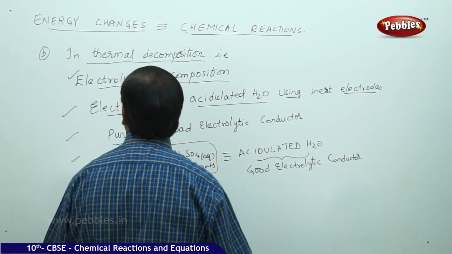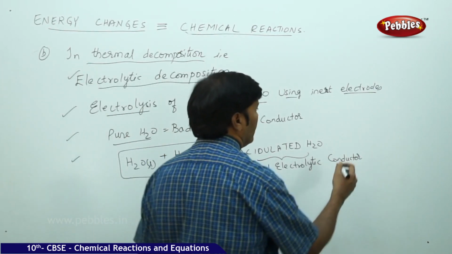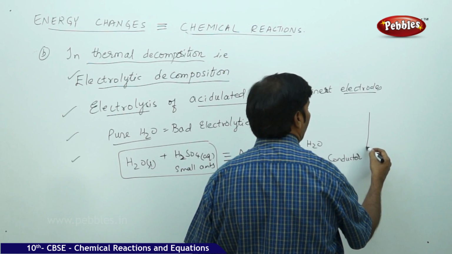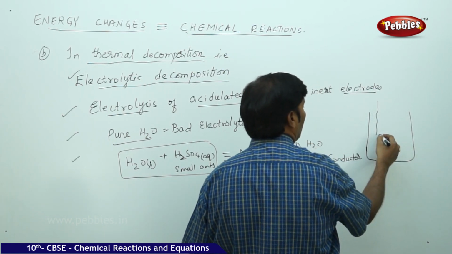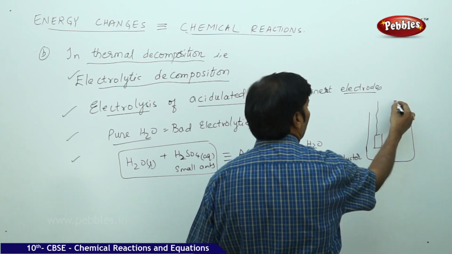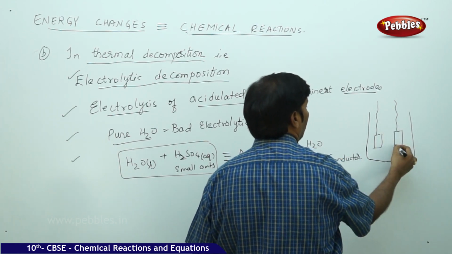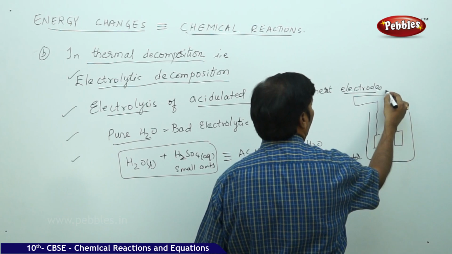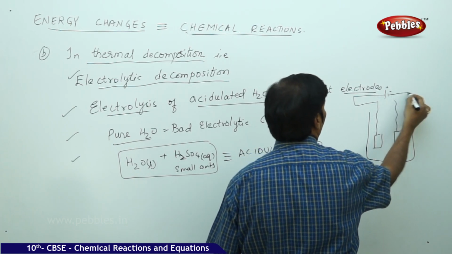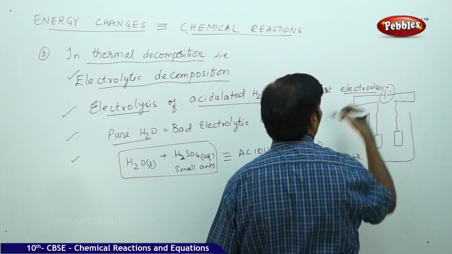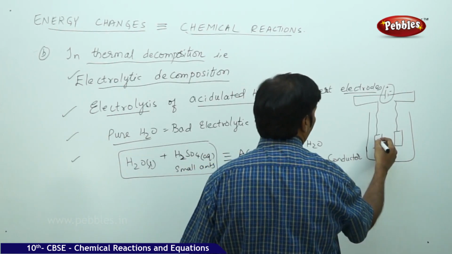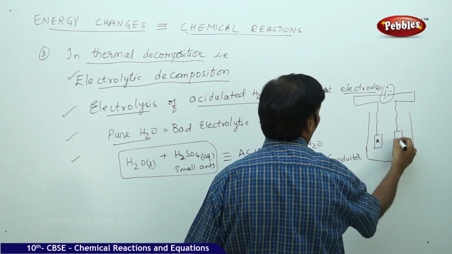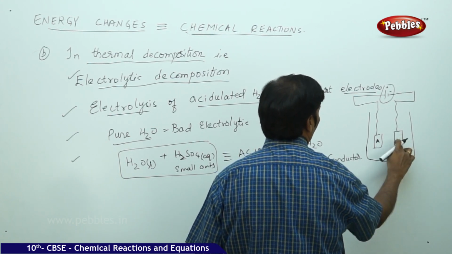I am just drawing one small diagram here for understanding purposes. I am taking one small electrolytic vessel and placing two inert electrodes through platinum wires and platinum plates, and connecting it to the external circuit. This is the power source, the battery. One will act as anode, A for anode, and the other as cathode, C for cathode.